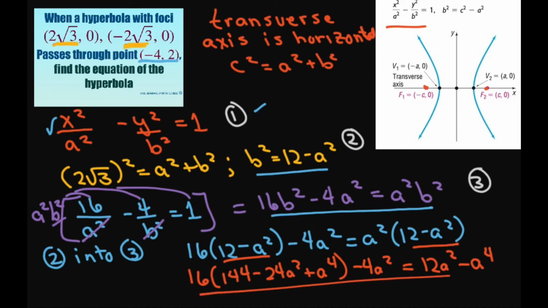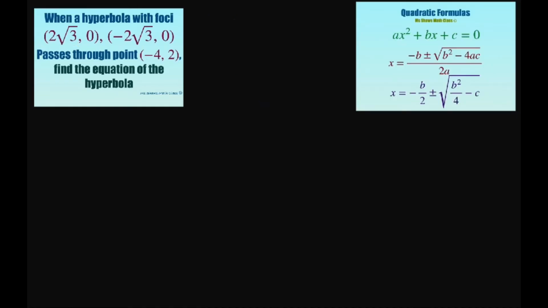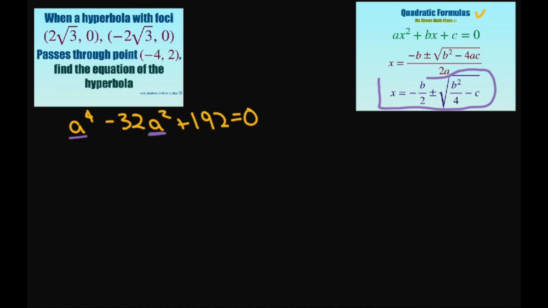All right, simplifying all this and setting everything to 0, we're going to get a to the power of 4 minus 32a squared plus 192 equals 0. Now we're going to use the quadratic formula to solve for a squared. Instead of x, though, we're going to have a squared.